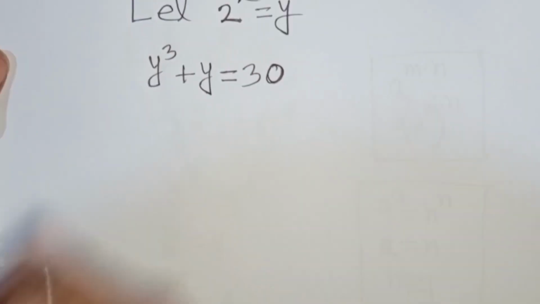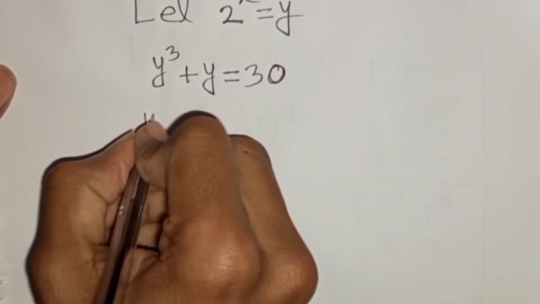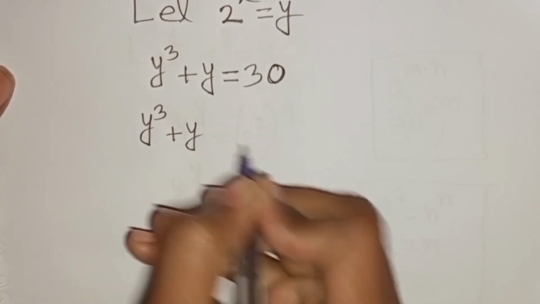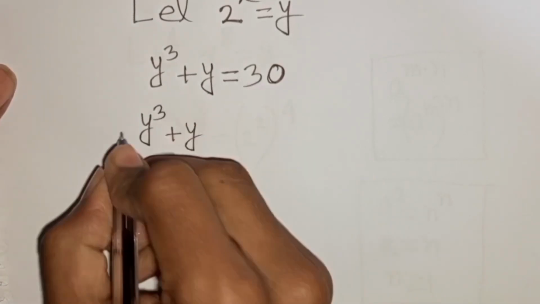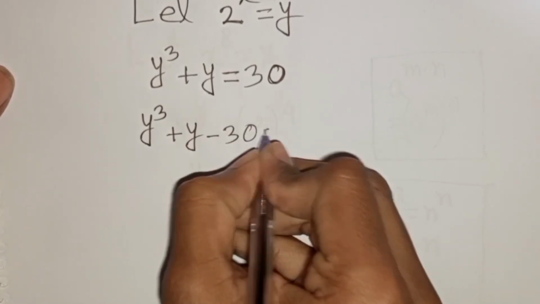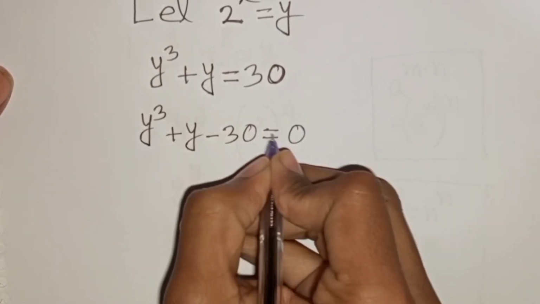Now I can write y cube plus y, then this plus 30 taken to the left side will be minus 30, is equal to 0.